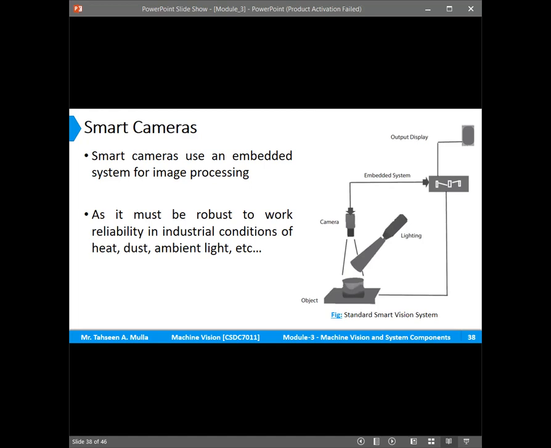Now both area scan as well as line scan, all those sensors are being embedded into your smart cameras. Depending on the field of view, the image sensors will be able to recognize what should be done, what should be the input for processing.